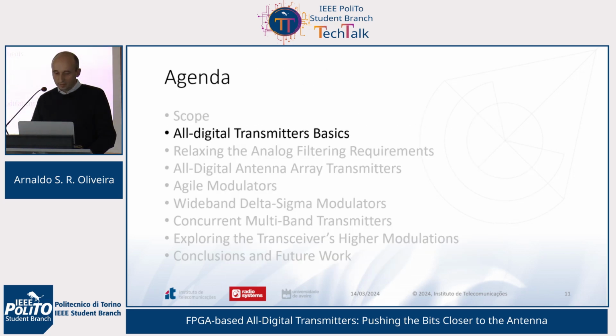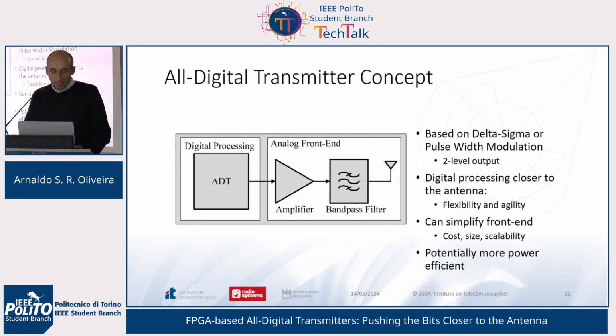So let's start with the concept. In an all digital transmitter, we don't change the way the modem is implemented, so the baseband processing is exactly the same. What we change is the way we convert the signal from the digital domain to the analog domain.